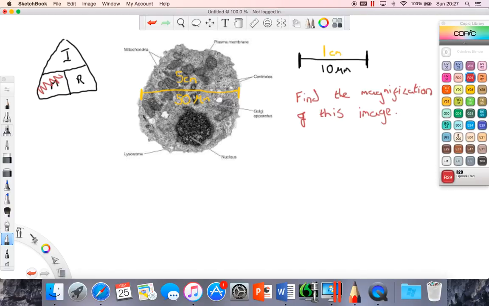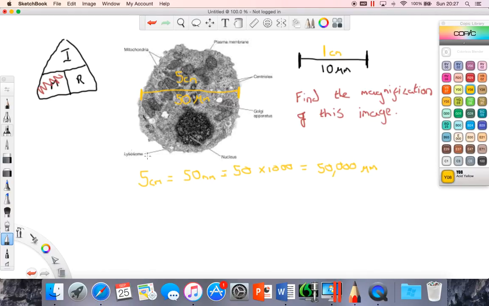We now need to work out our image size in micrometers, because we can't work with centimeters, the others are in micrometers. So 5 centimeters is the equivalent of 50 millimeters. To convert that into micrometers, we would do 50 times 1000 to give us 50,000 micrometers.